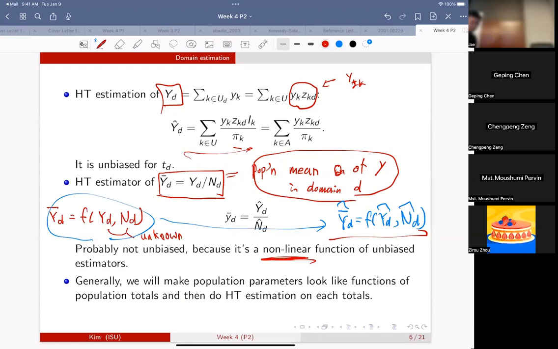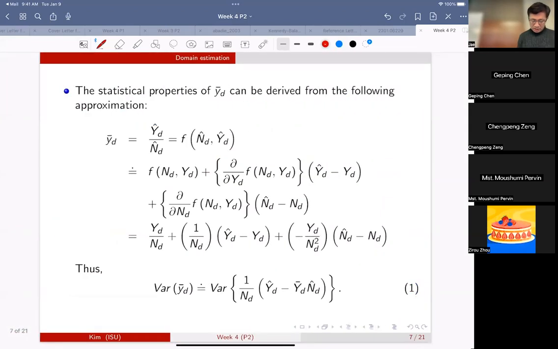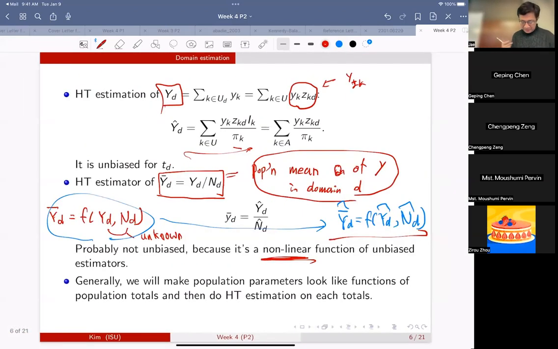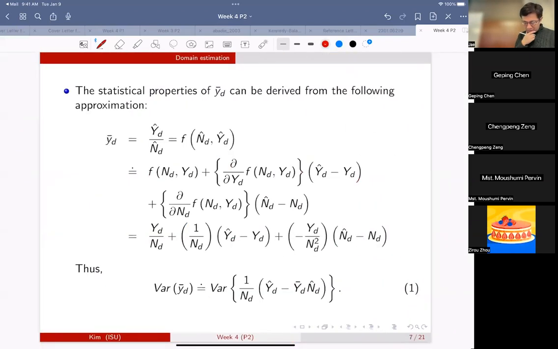So that means the inference may be somewhat complicated. Usually we don't know how to compute the variance for a nonlinear function of random variables. But we can, if we can linearize it, right?